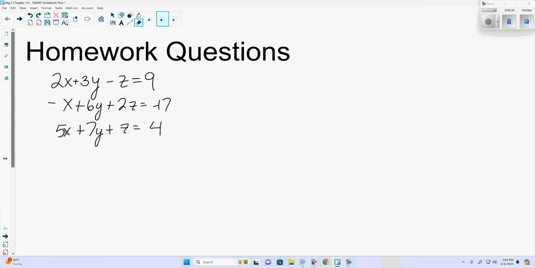Y would not be a good choice if this was the setup, because 3y and 6y does work all right. I can get those two to be the same. But trying to make 3y be 7y or 6y to be 7y is not going to be an easy thing, because we're going to have to multiply both equations by a number to get them to be the same. We have to do more than one multiplication. You all see that there.